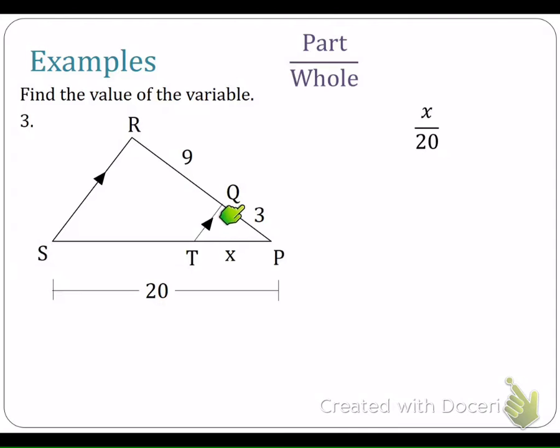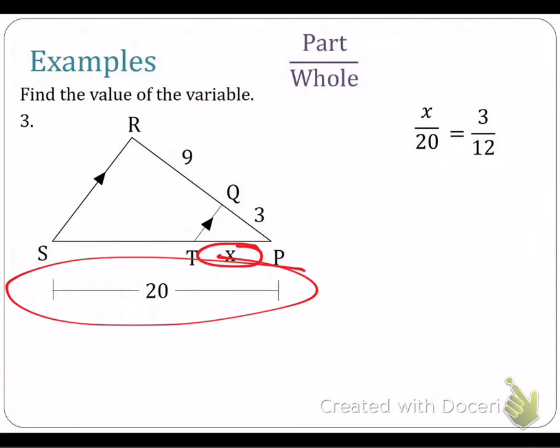X over 20. So I need to do this part over this whole thing. 3 over 12. Very good. So once again, if you're stuck, we worked along the side first. We did part over whole, so we need to do part over the whole. All right?